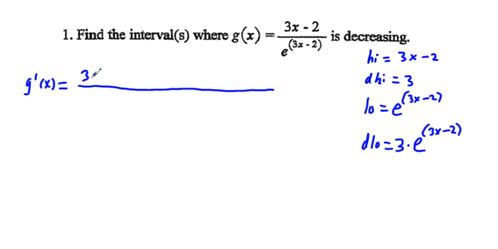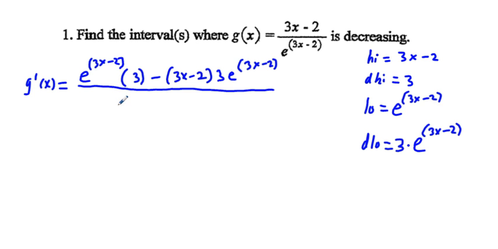So low is e to the 3x minus 2, times d high, which is 3, minus high, and high is quantity 3x minus 2, times d low, which is 3 e to the 3x minus 2, and in the denominator, low squared is going to be e to the 2 times quantity 3x minus 2.